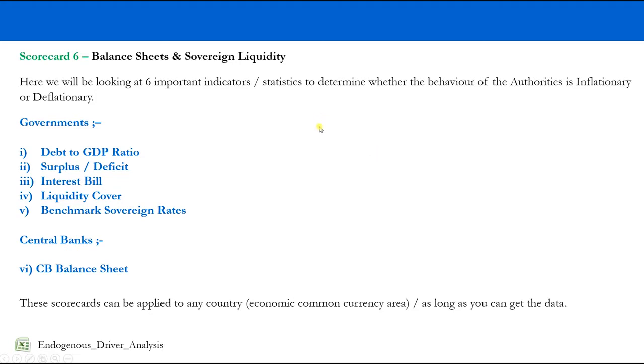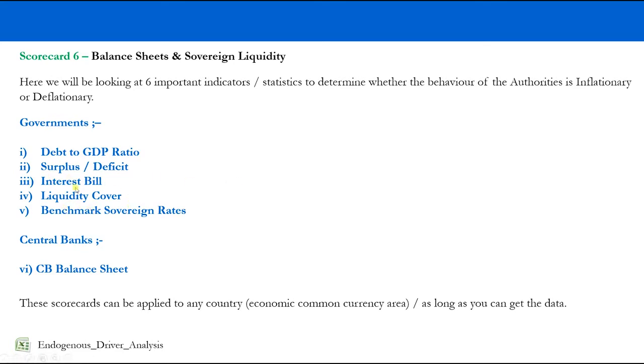So the first thing we're going to look at in governments is the government debt to GDP ratio. We're also going to be looking at whether the government is running a surplus or deficit and the magnitude of that surplus or deficit. We're going to be looking at the interest bill, so the bill that the government is currently paying on its debt and the magnitude of that bill.